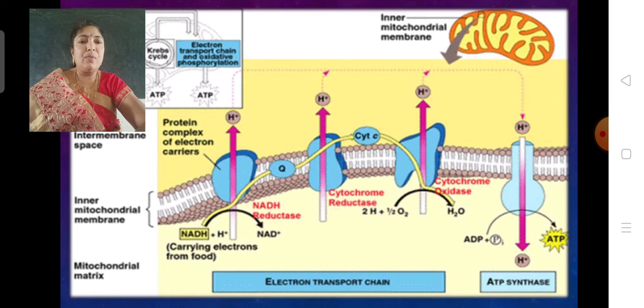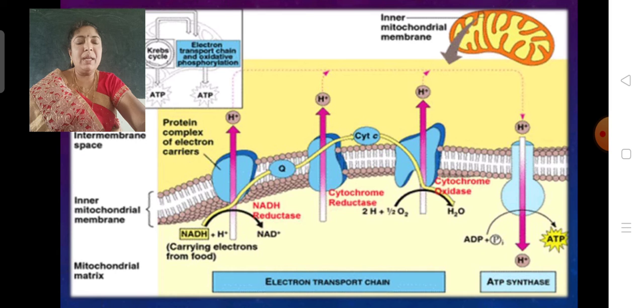And here also 4 hydrogen atoms are released and transferred to the intermembrane space from cytochrome C, and the electrons are transferred to cytochrome B, cytochrome A and cytochrome A3.